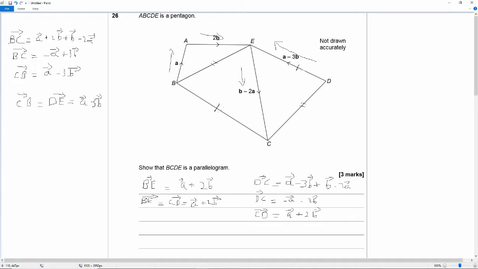I suppose I must explicitly state that same vectors are equal in magnitude and parallel.